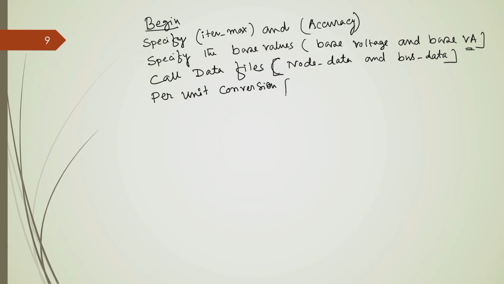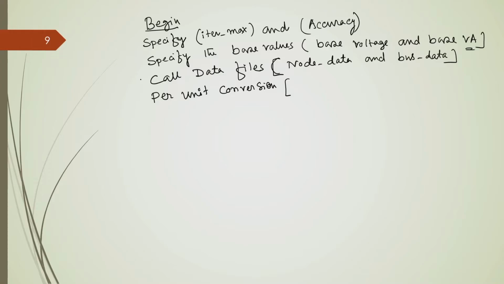So, we have several parameters which need to be converted to per unit. Since we know their values as well as their base values, we can convert them to per unit. So, what are the quantities normally we need to convert to per unit?